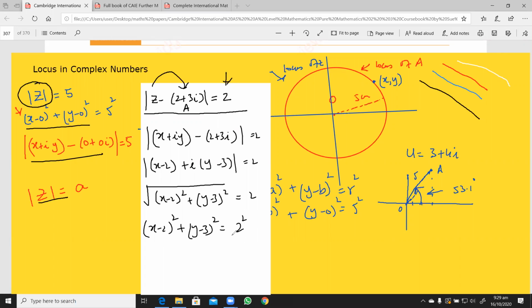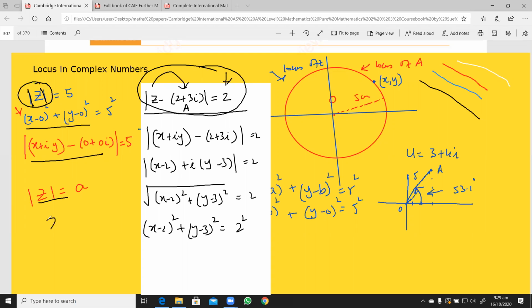Yes. So please remember that whenever you see this modulus and you're being asked about the locus, modulus should immediately bring a circle to your mind. When a circle comes to mind, two questions should follow: what is the center of this circle and what is the radius?